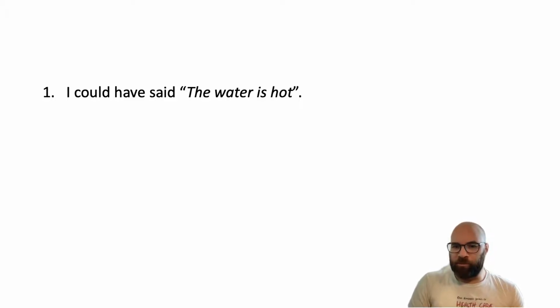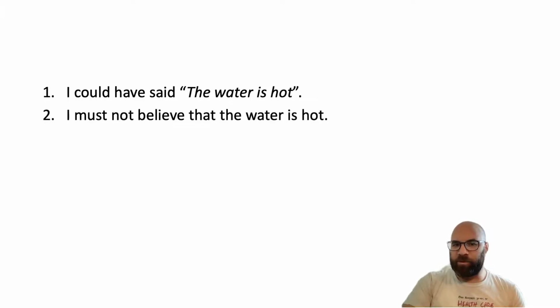So you might assume that there must be some reason I chose not to say the water is hot. The next step is, then you might think the reason is I must not believe that the water is hot. Right? If I chose not to say it, the reason is maybe that I don't believe it. If I'm communicating in a cooperative way and I believed the water was hot, then I would have said that. But since I didn't say it, maybe that means I don't believe it.